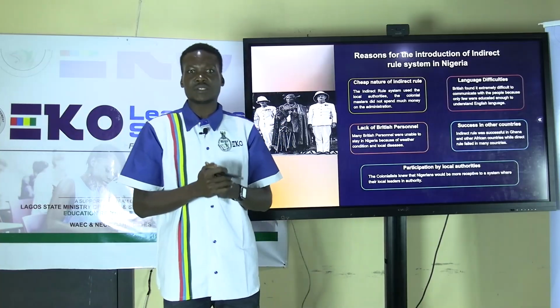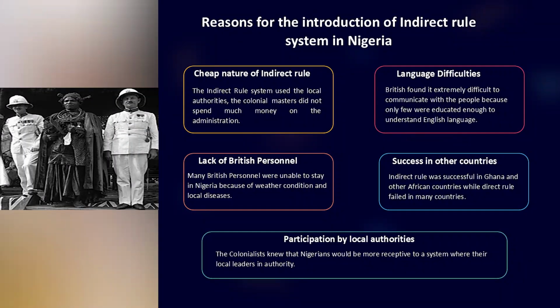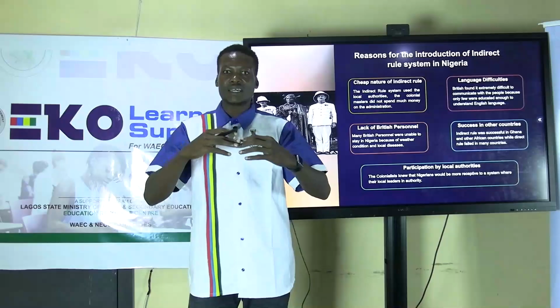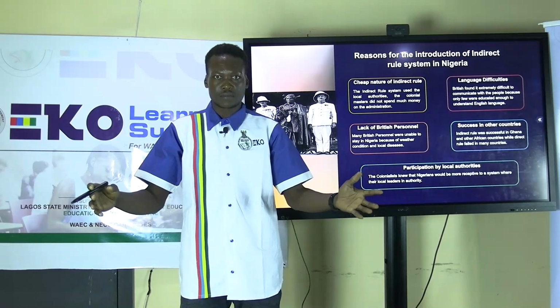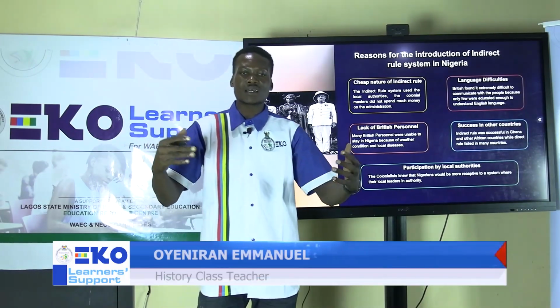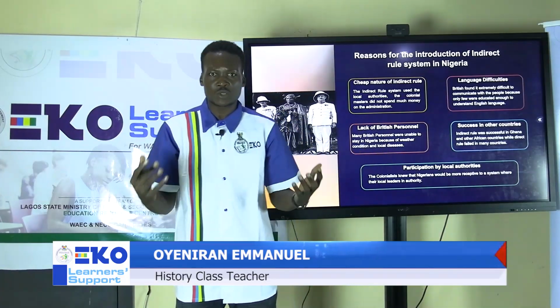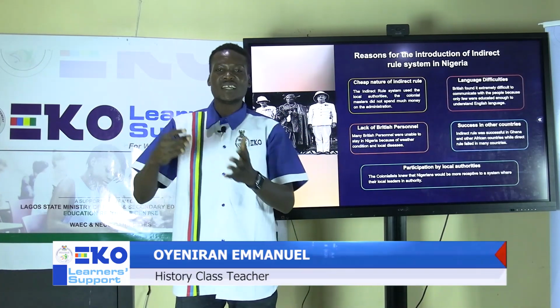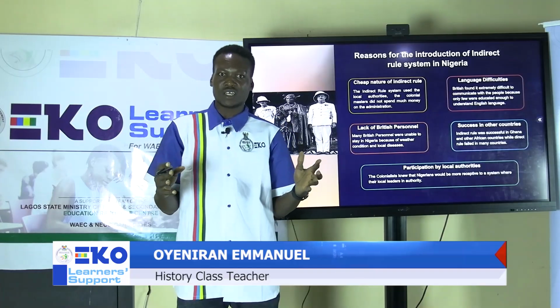Two is language difficulty. When the British officials came to West Africa, and Nigeria to be precise, Nigeria was a region that encompassed different ethnic groups. We have the Yoruba, Igbo, Hausa, Kanuri, Fulani, and so on. These tribes have different languages.